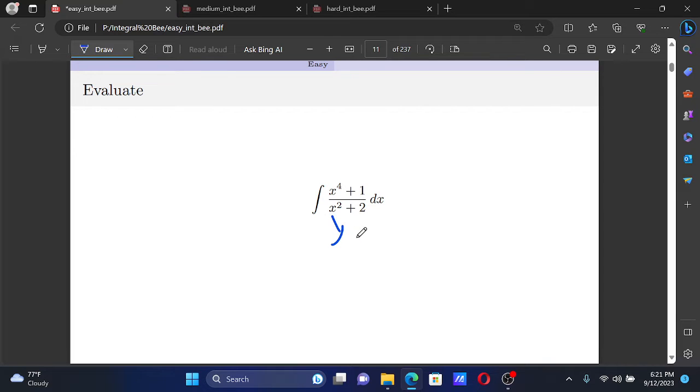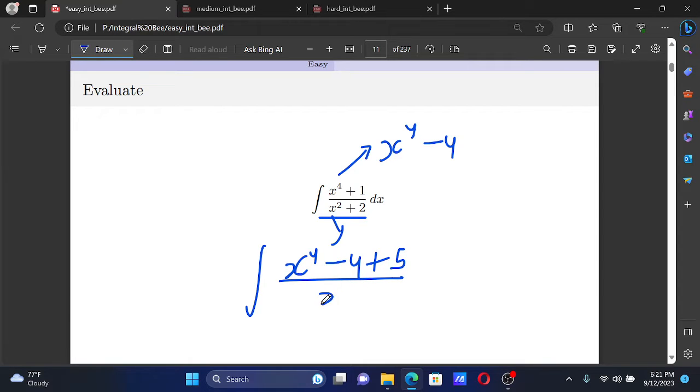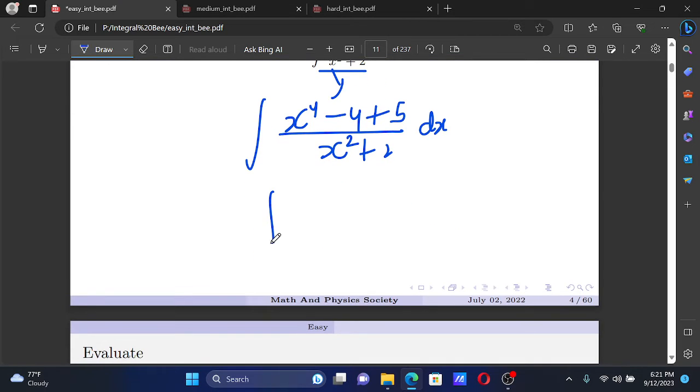For this one, we can see that since here is x square plus 2, we try to make it x to the power 4 minus 4, and that would simplify a lot. X to the power 4 minus 4 plus 5 by x square plus 2 dx. So this goes into the integral of x square minus 2 plus 5 by (x square plus 2) dx.